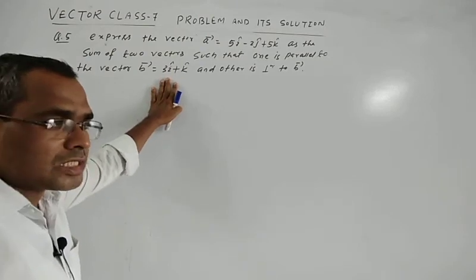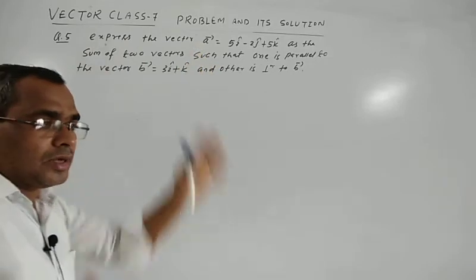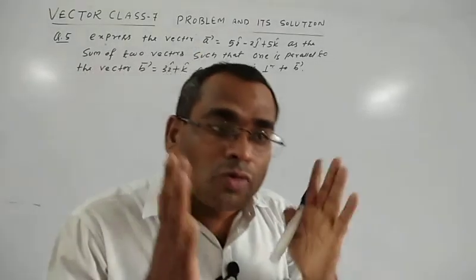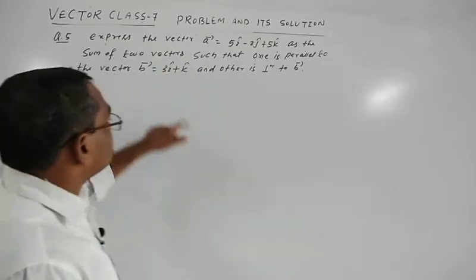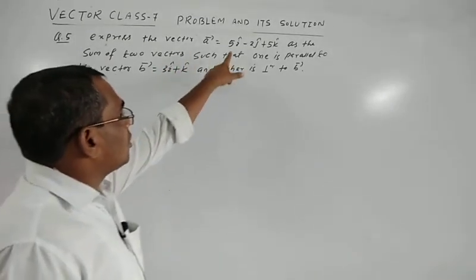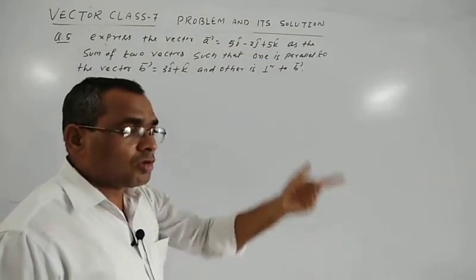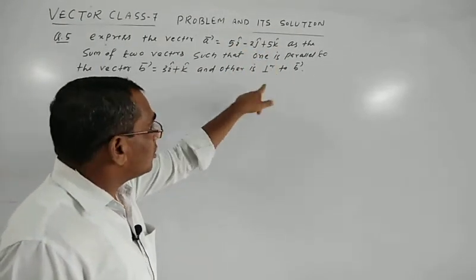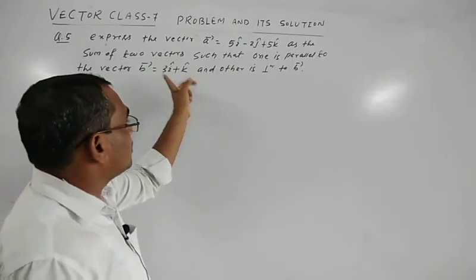We express the given vector a as the sum of two vectors, such that one is parallel to b vector and the other is perpendicular to b vector.